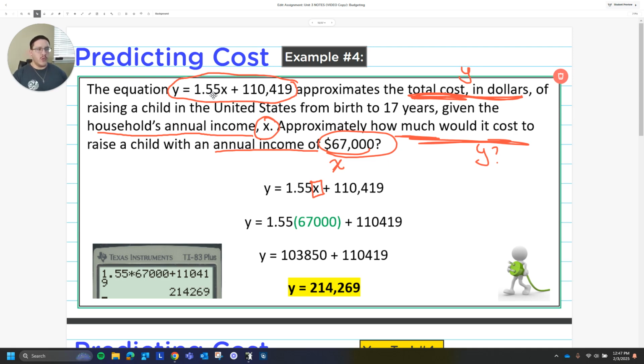You don't really need to worry about living expenses, household expenses, other expenses other than raising your child. And so you only have to worry about the $110,000. But as your income increases, so does your expenses, and probably the amount of expenses you have to deal with. And so it gets raised by 1.55 in this equation as you increase your annual income.